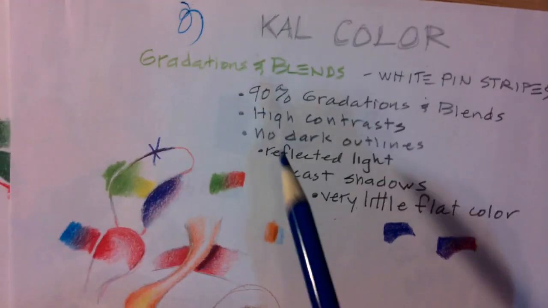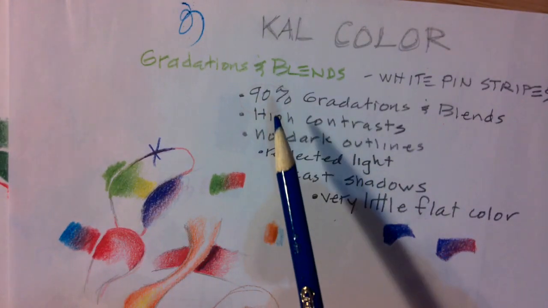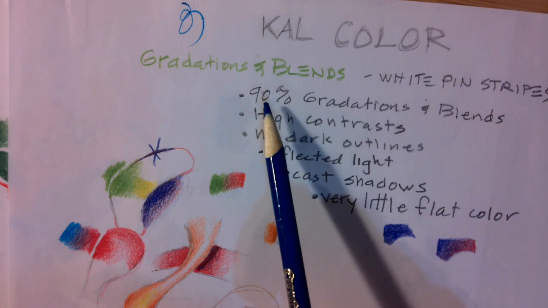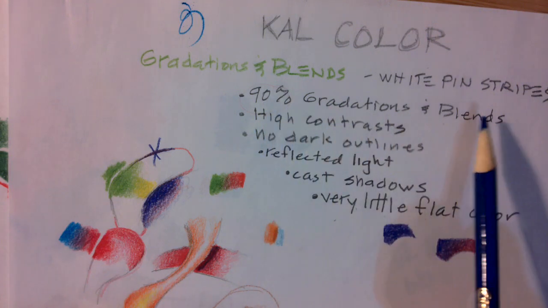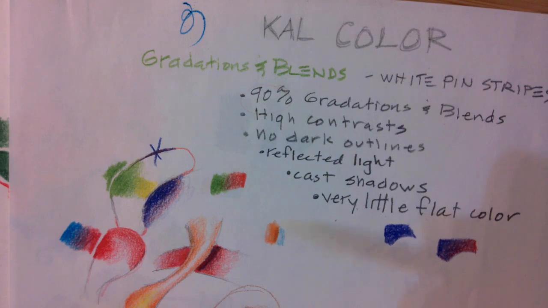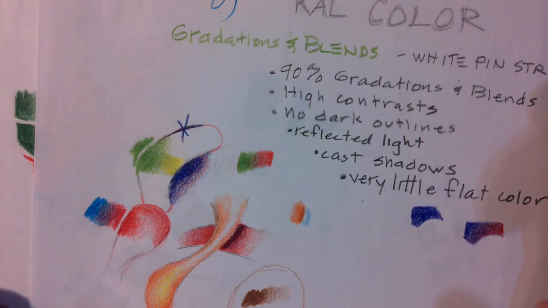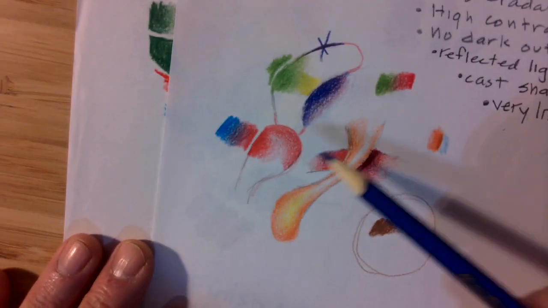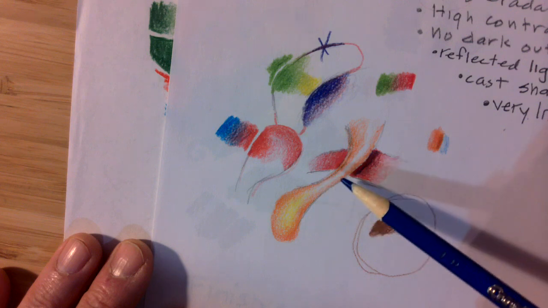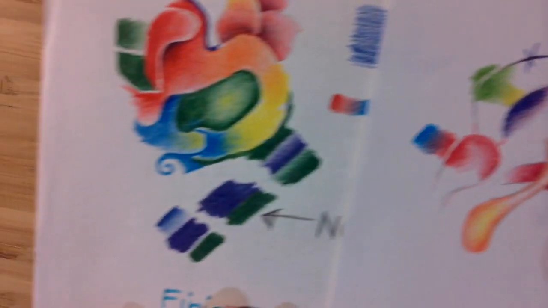One thing I want you to be aware of is that it's really recommended and required that you have at least 90% gradations and blends. That means almost all of your coloring somehow is going to go dark to light, blend into one color or another, and that sort of thing. And you can kind of see how I'm just starting to capture some of those things here. This shows a little bit more.